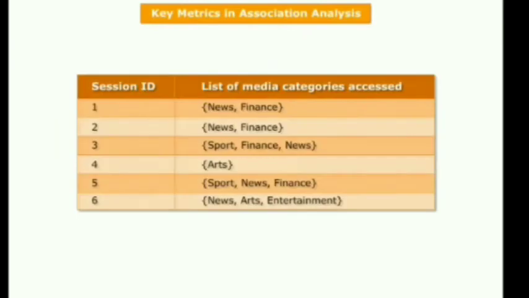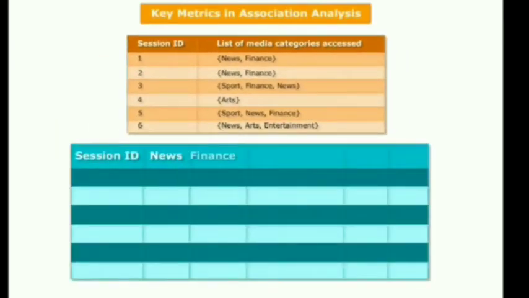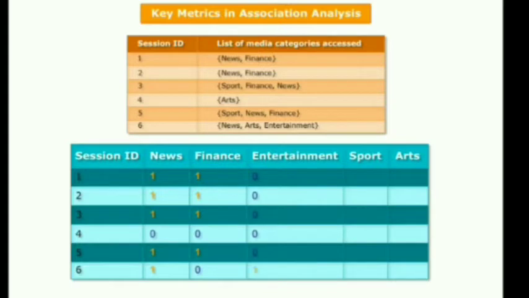For association analysis of these media categories, you would need a data set in a particular transaction format. To get started, it would be helpful to pivot the data in the format shown here. This binary format indicates the presence or absence of article categories and ignores qualities such as minutes spent viewing or the sequence of access, which can be important in certain sequence analysis.